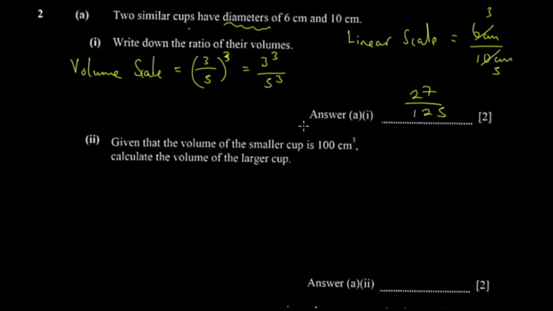Okay, I hope you understood it. So in the previous question, we had a case of areas. So that's why we had to square to get the area factor or the area scale. Here, if you want, you can even write 27 is to 125. It's still okay. Here we're dealing with volume, so you have to cube. Don't square, cube. Okay, that's the trick.